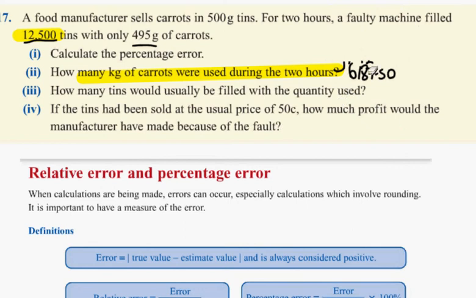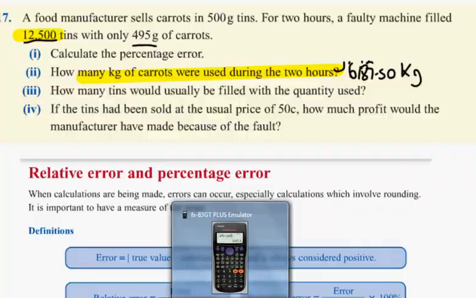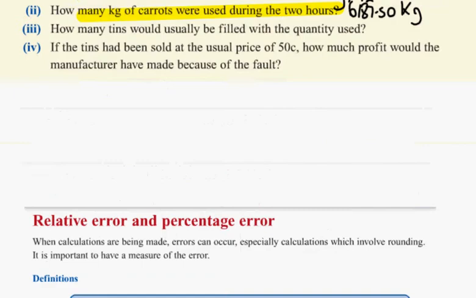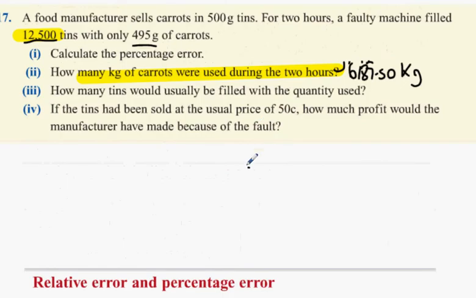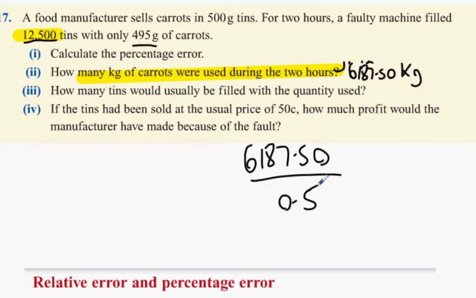Next thing is, how many tins would usually be filled with the quantity used? How much kilograms usually goes into a tin for a non-faulty machine? Half a kilogram. So we have this much carrots, and we usually fill up half a kilogram per tin.